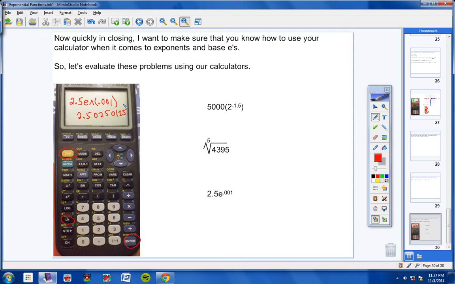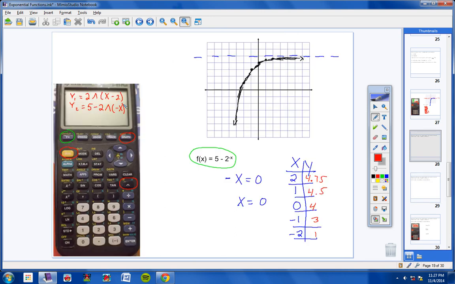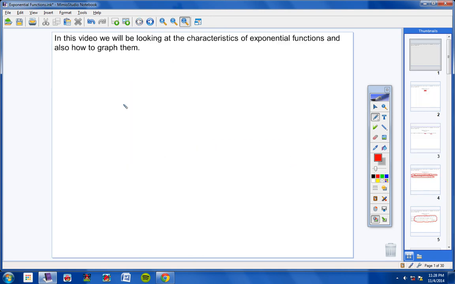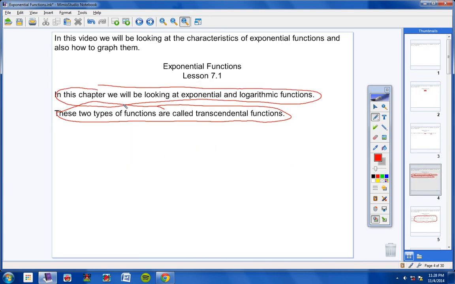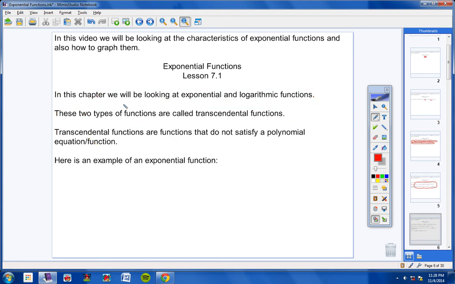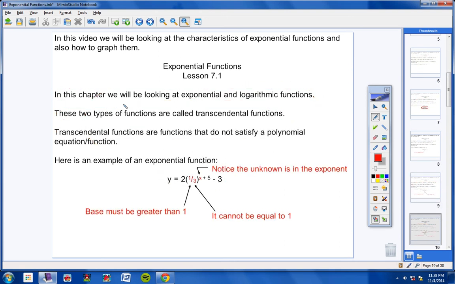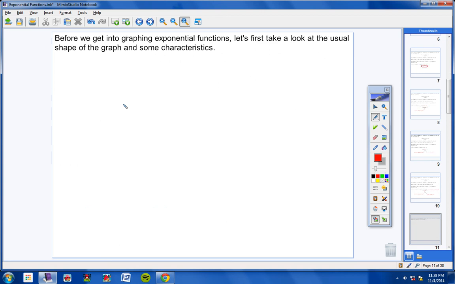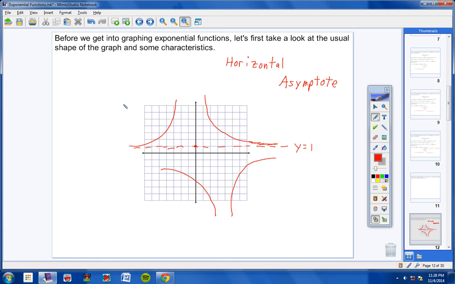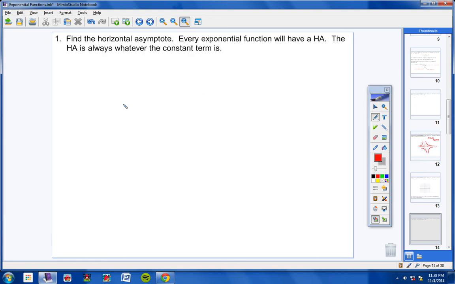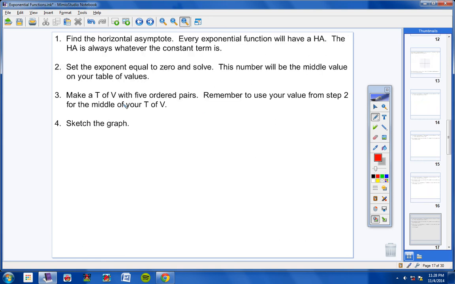Now, very quickly, let's review. First of all, I want you to understand what an exponential function is, okay? Make sure you understand this right here. Number two, make sure you know how to graph an exponential function. And these 4 steps right here will really help you, okay?